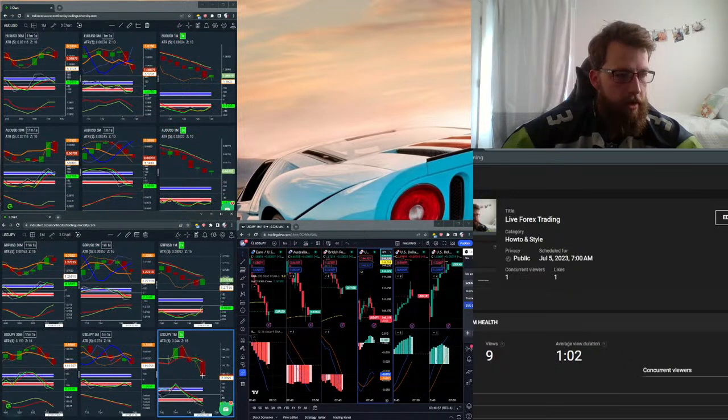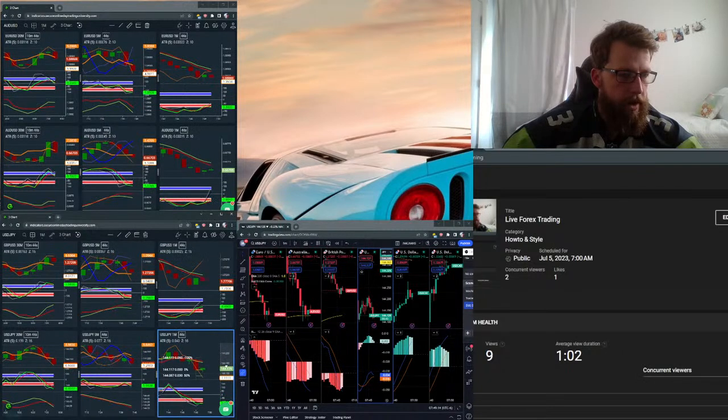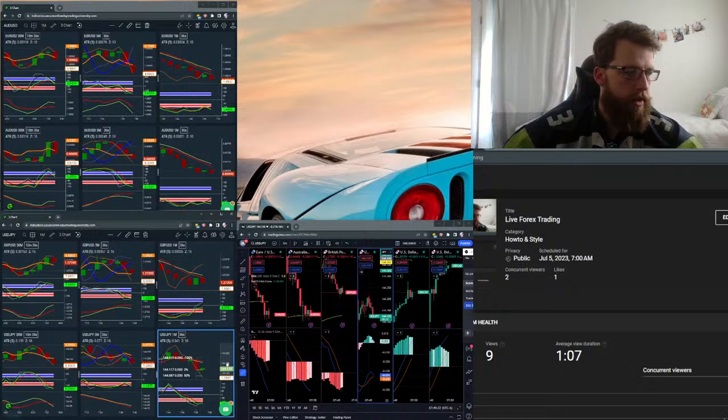So right there. And we would have about a 66 pip stop loss, and we would be going for a 1-to-1 risk to reward on this trade right now.